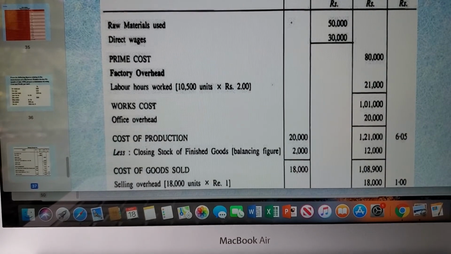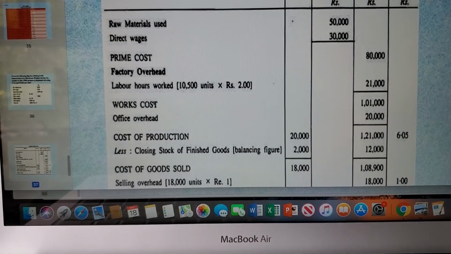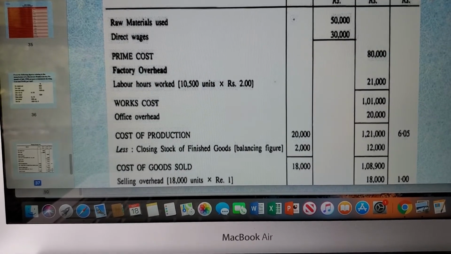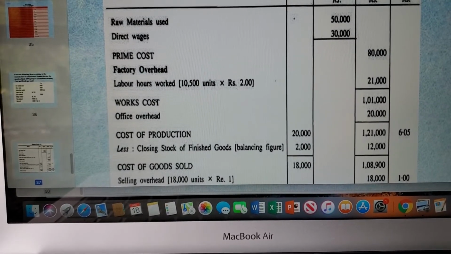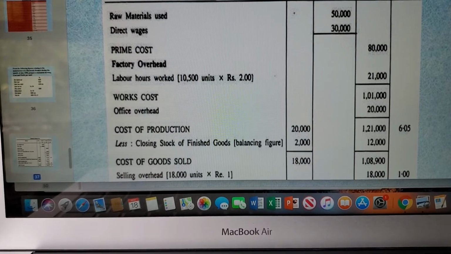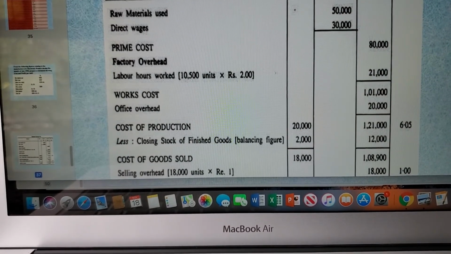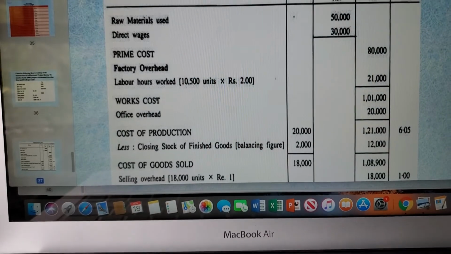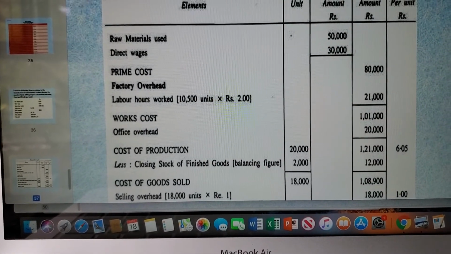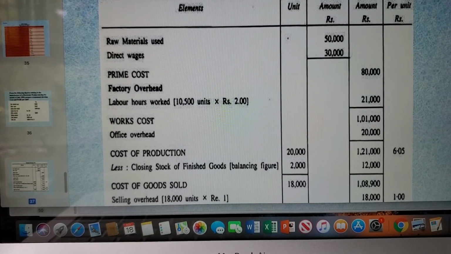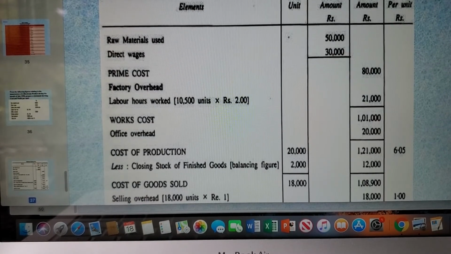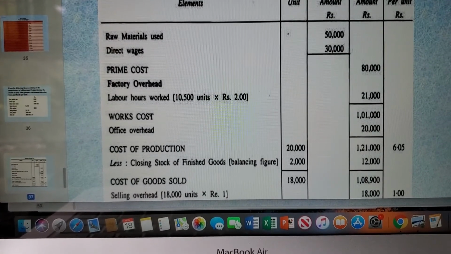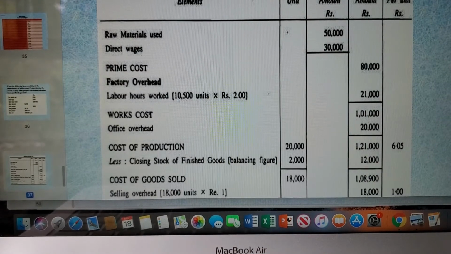Sixth column is per unit in rupees. There you write 6.05. From this you less closing stock of finished goods within brackets balancing figure. So the unit, second column unit is 2,000, and in the fourth column you write 12,000.